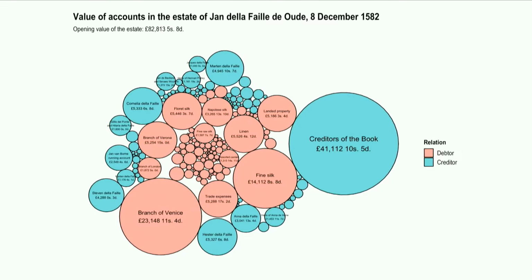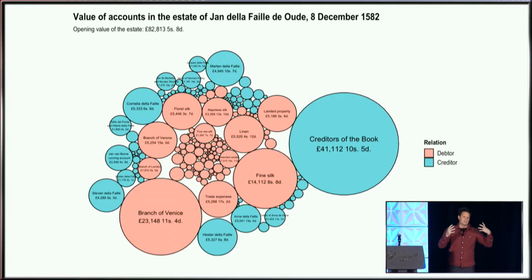And the red circles show the accounts that are in debt to the estate, and the blue in credit to the estate. And so the biggest blue shows basically the amount that Jan de Ouda's assets were greater than his liabilities.